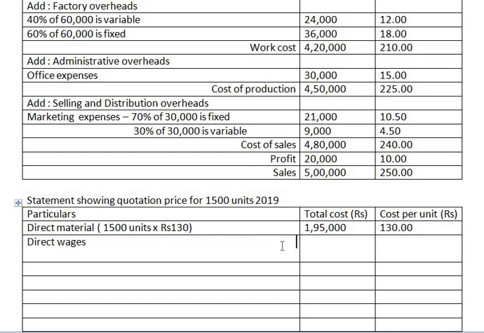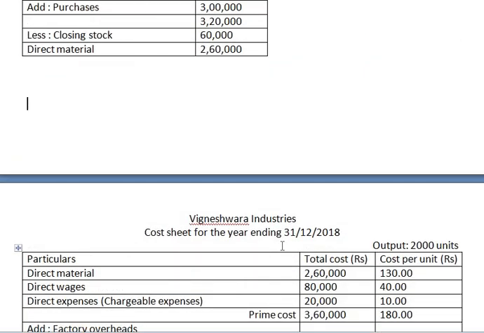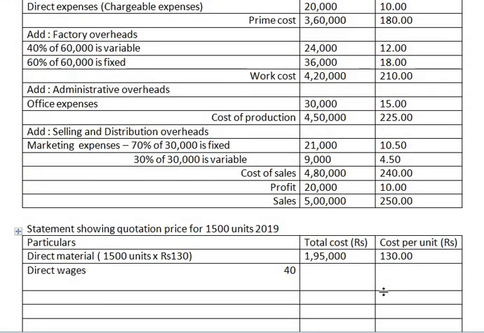Now here we will write it. That is labor cost per unit is 40 rupees, isn't it, for the year 2018? Just see here. For the year 2018, direct wages is 40. So that only we have taken 40.